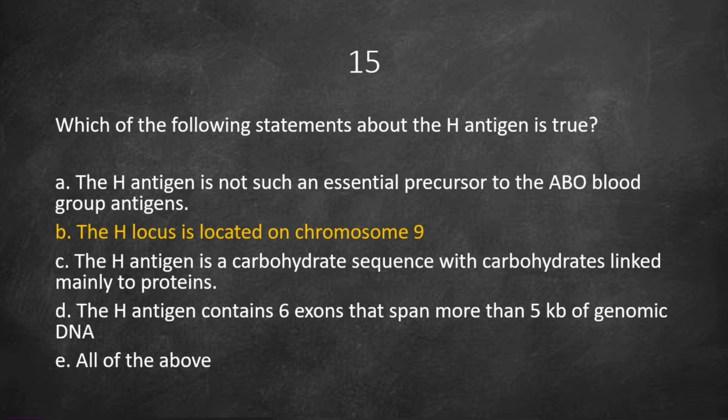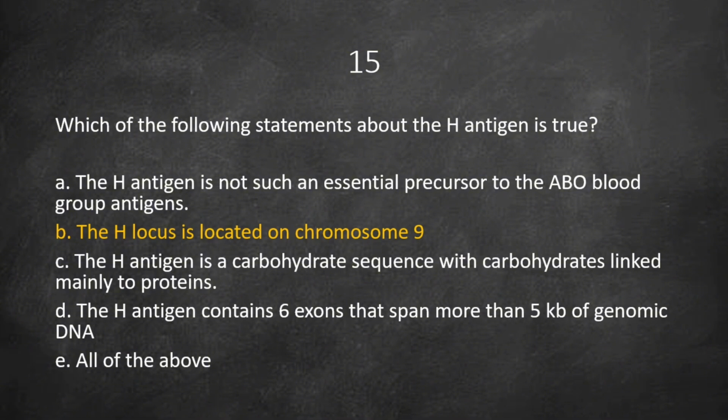The ABO blood group antigens are actually derived from the H antigens by the addition of a specific sugar residue. So without the H antigen, the A and the B antigens cannot even be formed. So this first statement is incorrect. You need the H antigen, they are the precursors.